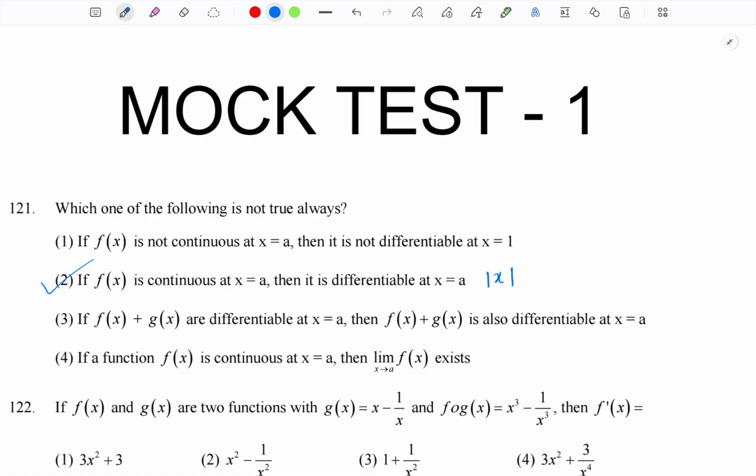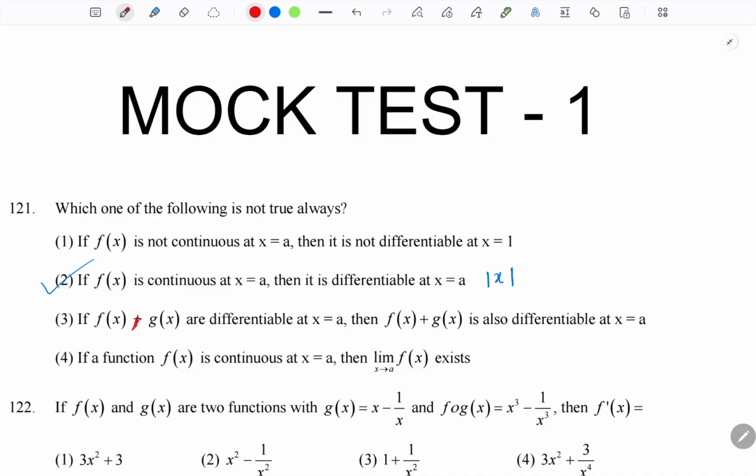And also, if f(x), oh, it's wrong, right? Okay, please students, correct it here. It is a comma, right? If f(x), comma, g(x) are differentiable, then their sum is also differentiable.